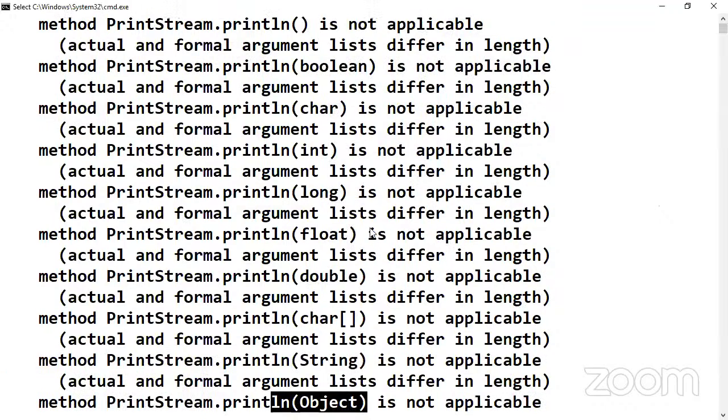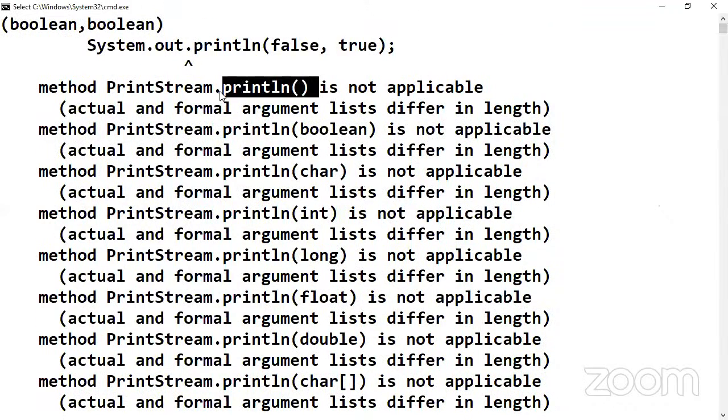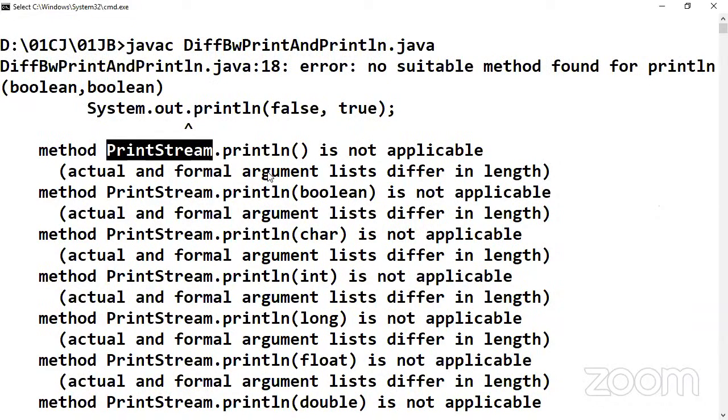Did you notice println methods are shown with what name? Look there, with what name? Print stream class. It is not system class. Maximum students have a feeling that the print method is available in the system class.